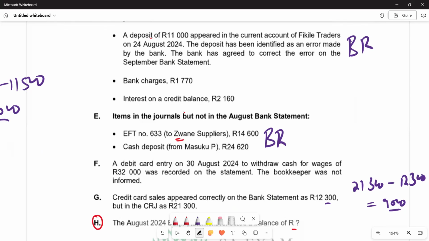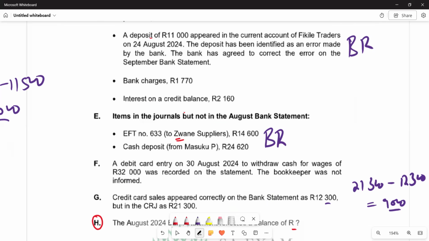By showing it on the debit side of the bank statement, we subtract it. Then you also have a cash deposit from Masupi of 24,620, which you also need to put as a deposit on the credit side of the bank statement. By putting it on the credit side, we are showing it as a plus on our bank reconciliation statement.